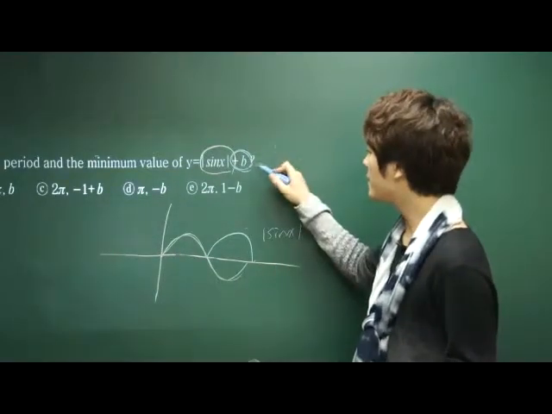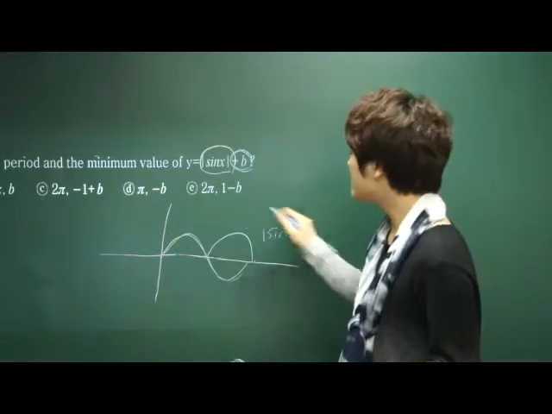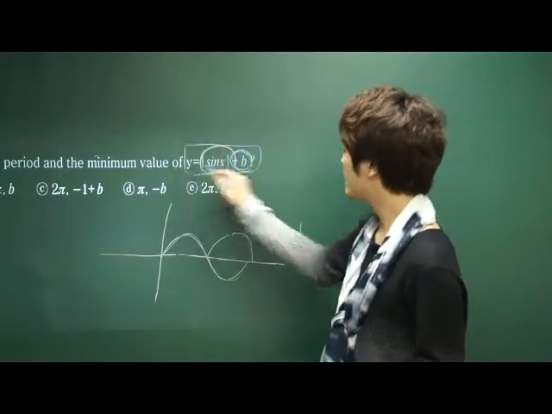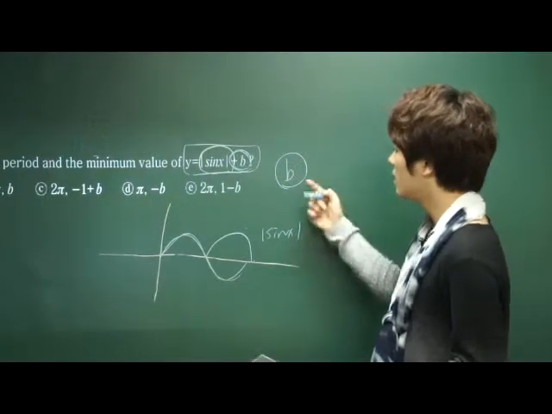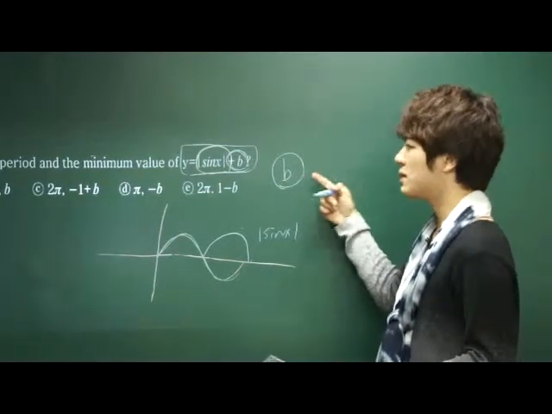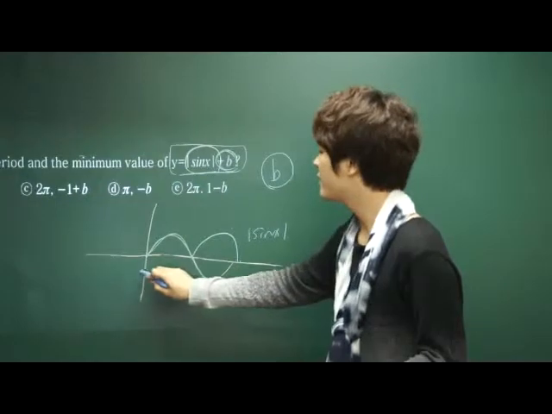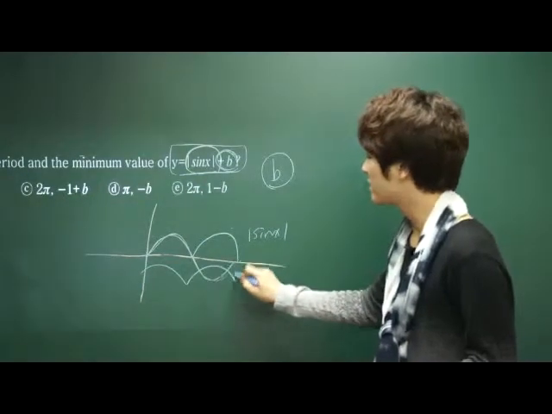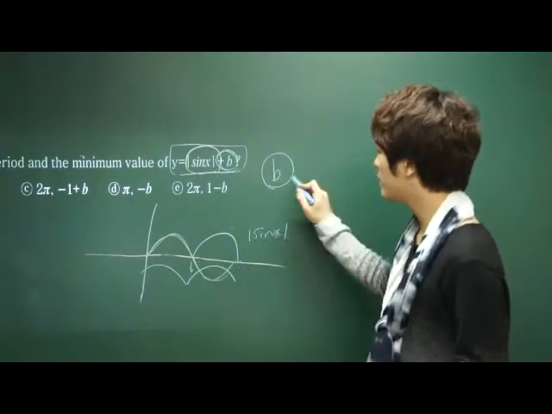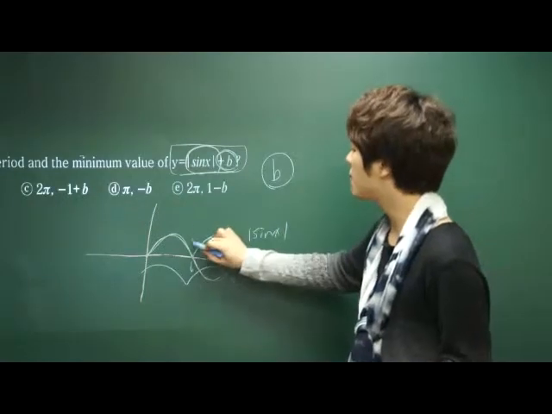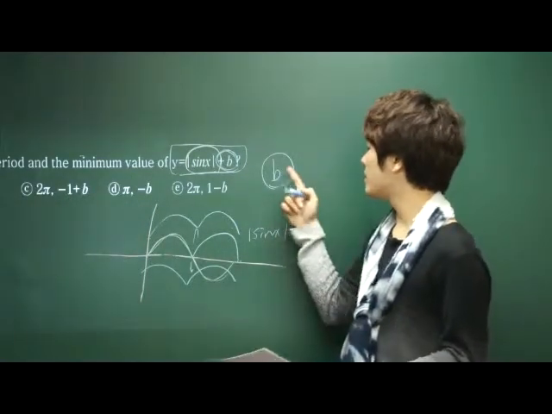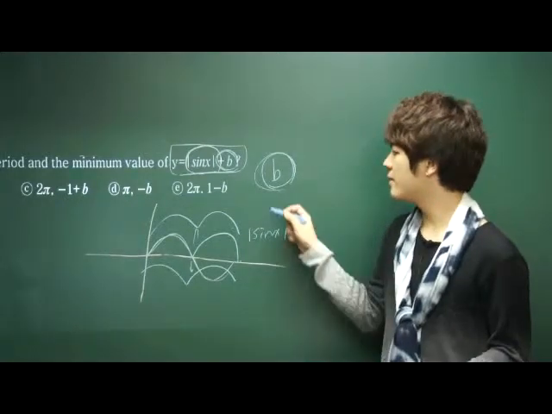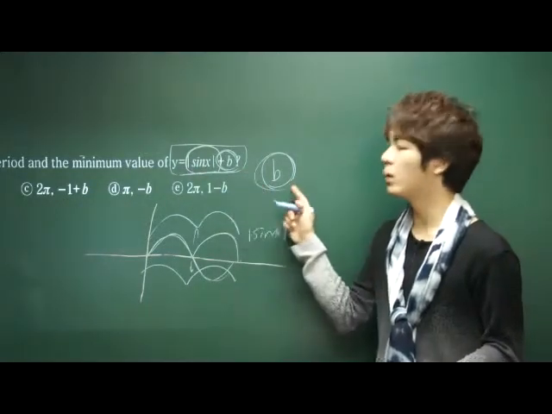So the minimum value of this graph will be b. If it's negative, the graph will look like this. It will go down by b units. And if b is positive, it will go up by b units. So no matter what b is, the minimum value of this whole graph will be b.